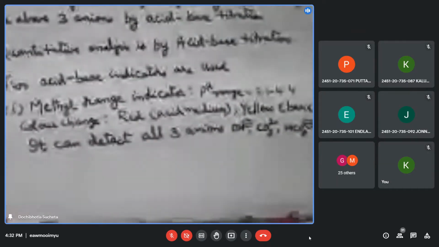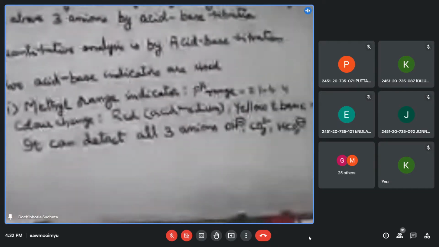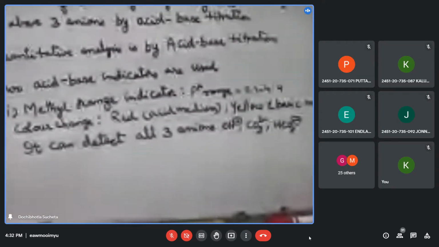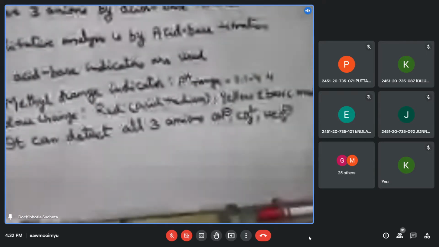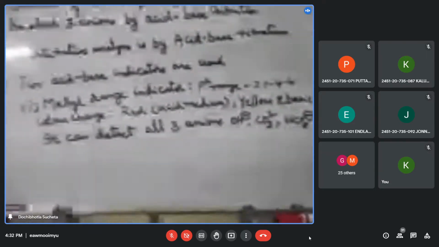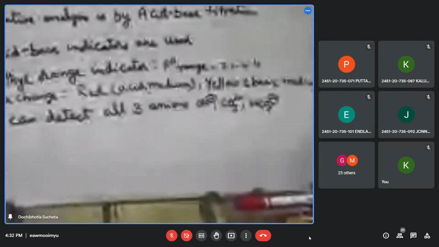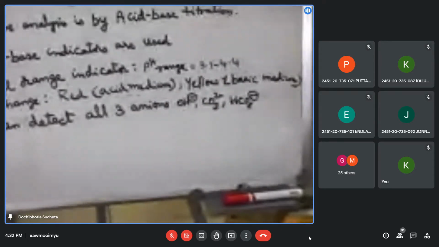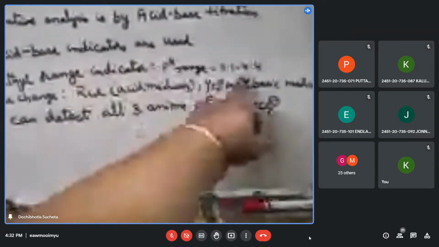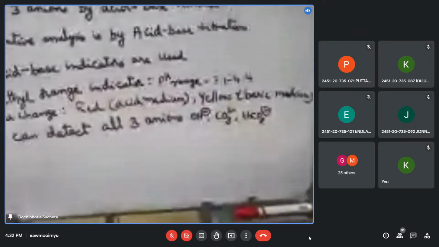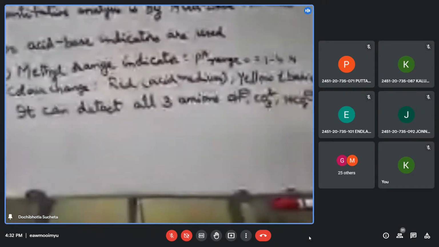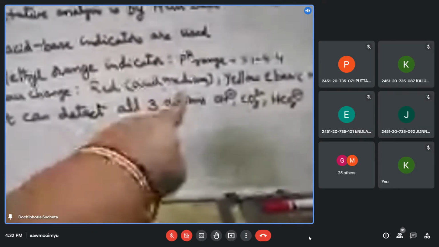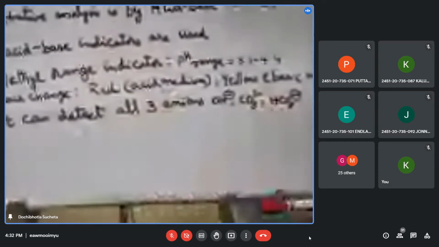For my discussion, I've started with methyl orange, a very excellent indicator. It has a pH range from 3.1 to 4.4. That means this indicator shows color change within this range. It is red in color in acidic medium, yellow in color in basic medium.